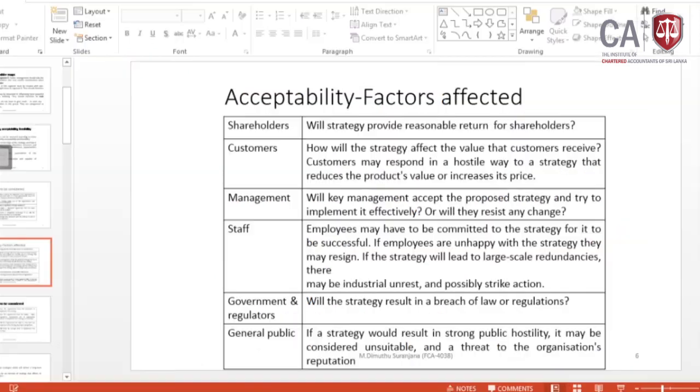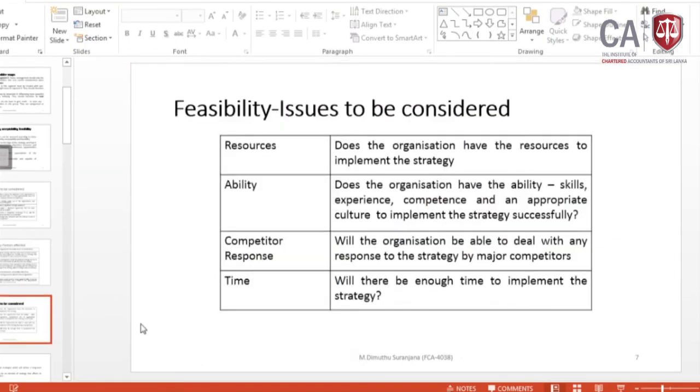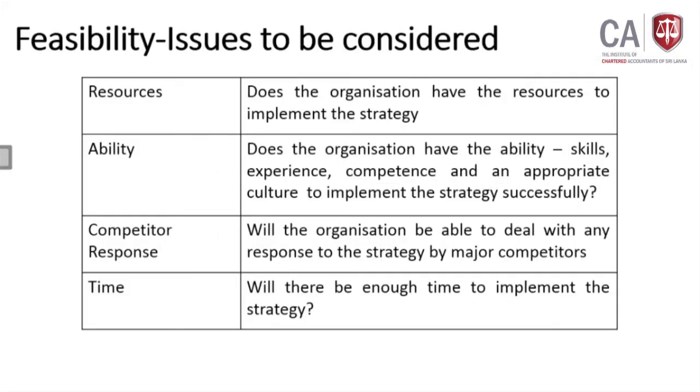Then feasibility aspects, under the theory part. So normally, what are the issues to be considered? One is whether we have enough resources to implement the strategy.